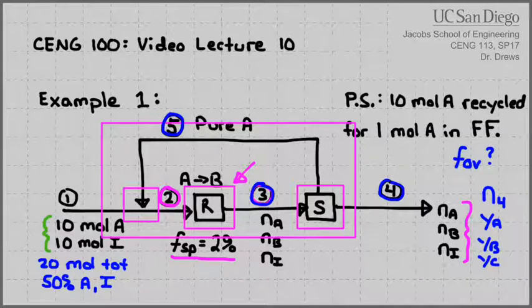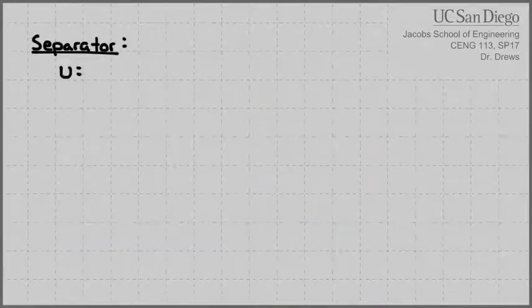We don't know very much about any of these streams. We don't have any relationships between them, so we have a bunch of unknowns. We don't know anything about how our separator is working. The only thing that we know is that stream 5 has pure A. So we'll just incorporate that directly as part of our unknowns back here.